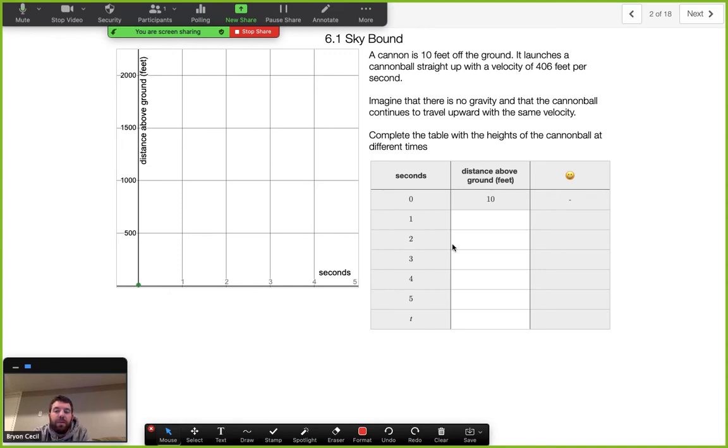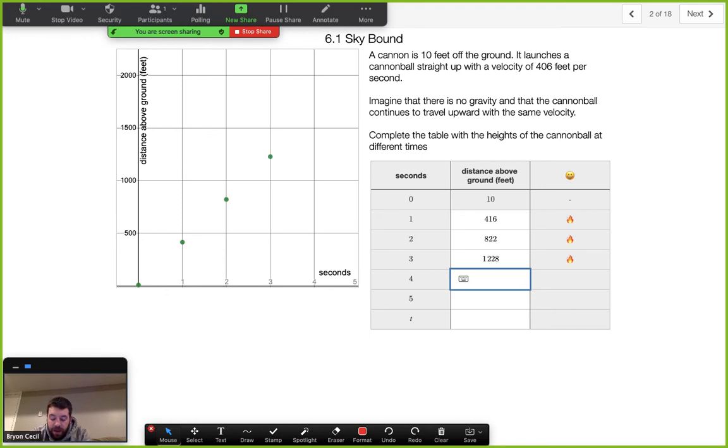So if I have 10, I'm going to add 406, and I'm going to get 416. Then I'm going to take that 416 and add another 406, and I'm going to get 822. Then we add another 406, and we get 1,228.